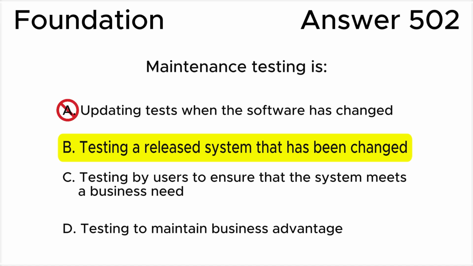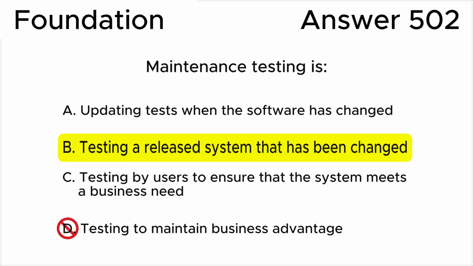Answer A is not correct, because maintenance testing itself focuses on verifying the impact of changes in a live system, not just updating test cases, although updating test cases is a part of test maintenance. Answer C is not correct, because this option describes user acceptance testing (UAT), which occurs before a system goes live, not maintenance testing.